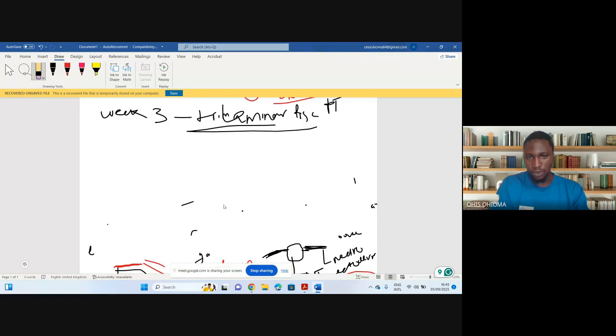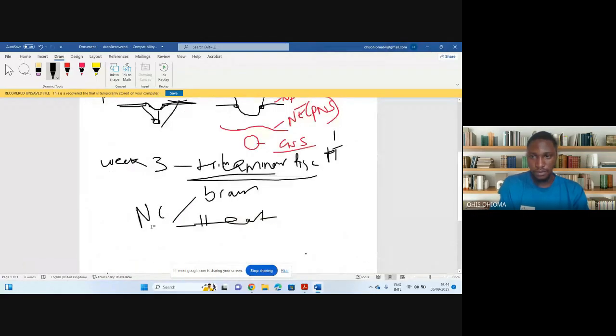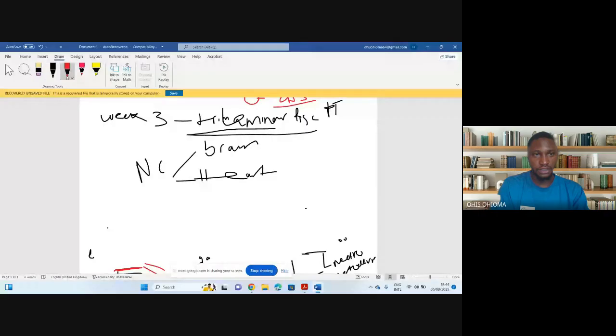There are 3 organs that the neural crest cells contribute to. So 1 is the brain, 2 is the heart, and then 3 is the teeth. Anytime you think of neural crest cells, think of these.